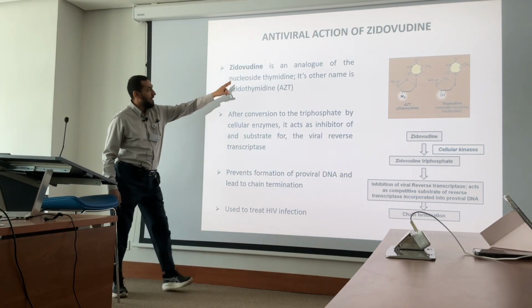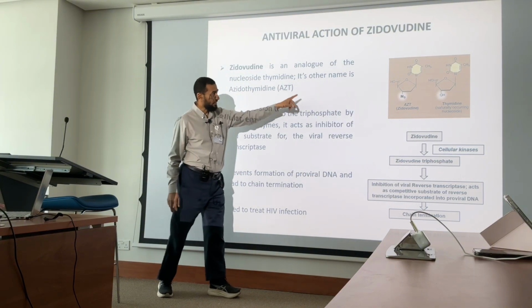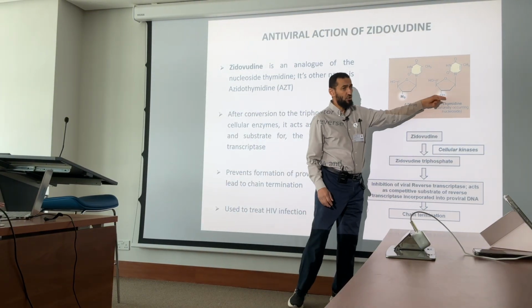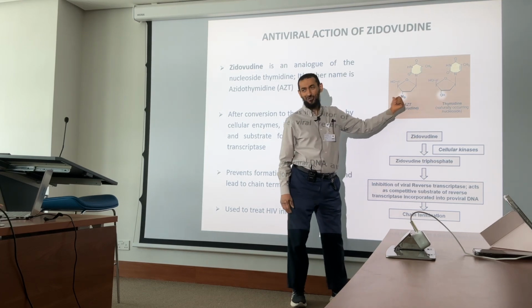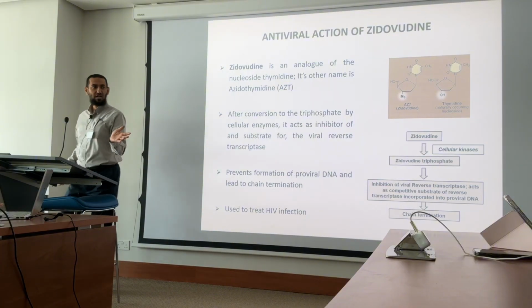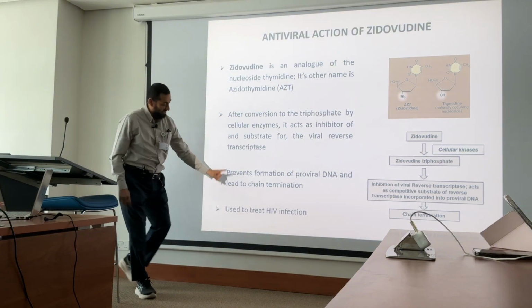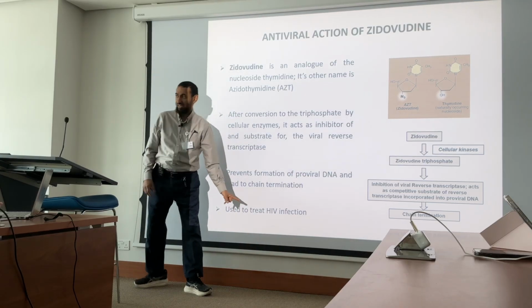Zidovudine is the same. It's a thymidine analog. The difference is the hydroxyl group was removed and we put nitrogen. Nitrogen will not be able to form the phosphodiester bond. So you stop the process of HIV infection. Clear?